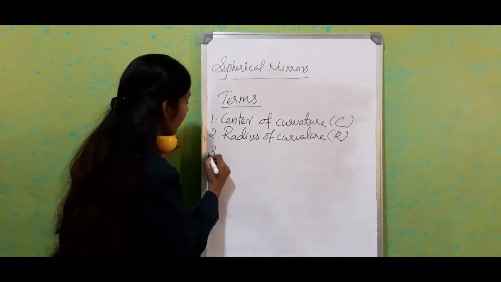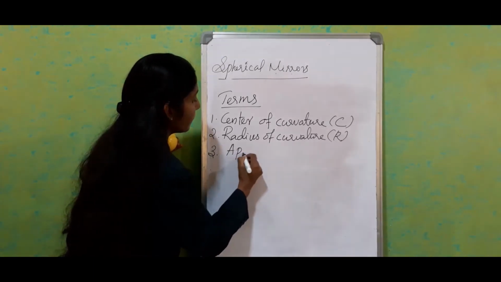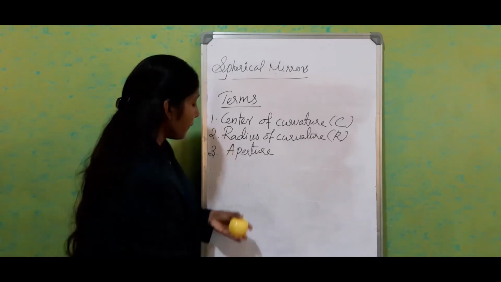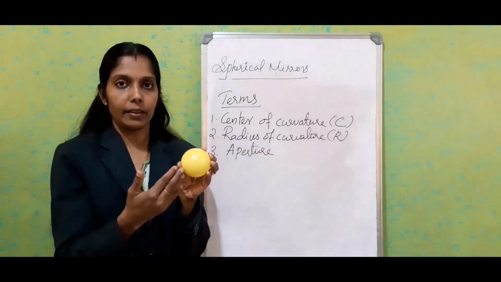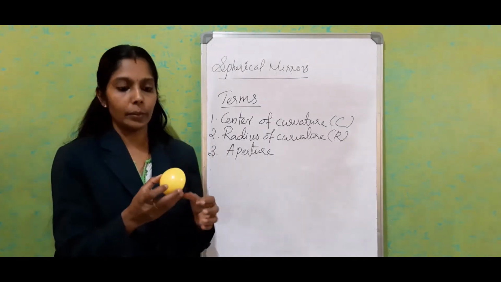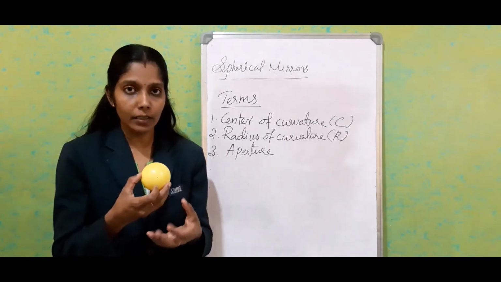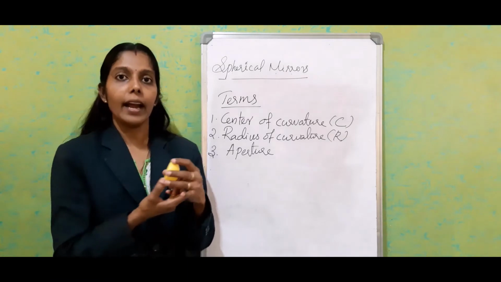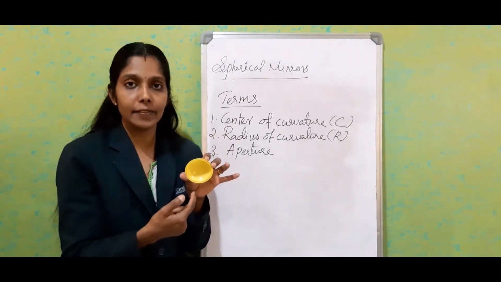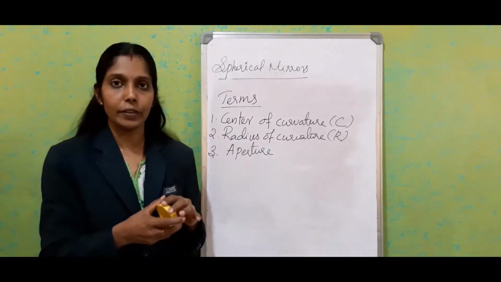And our third one is aperture. If we consider this reflecting part, the entire reflecting part is called the aperture of the mirror. For convex mirrors, it is the outward part, and for concave mirrors, the inward part. The entire reflecting surface is called the aperture of the mirror.